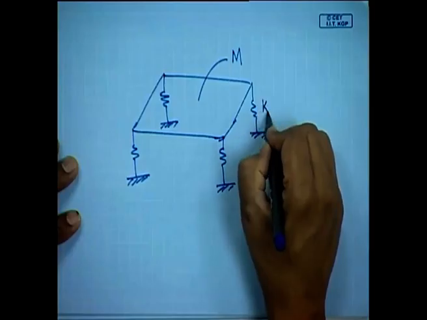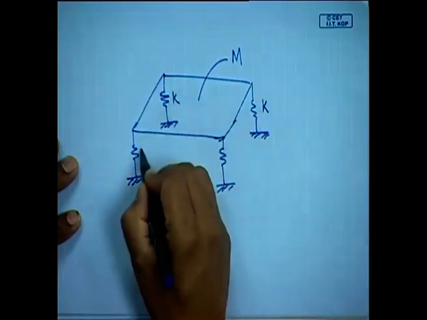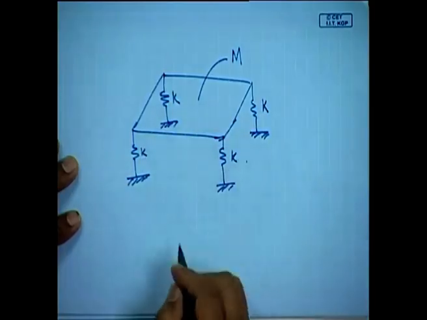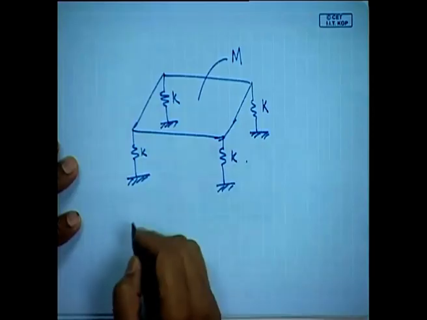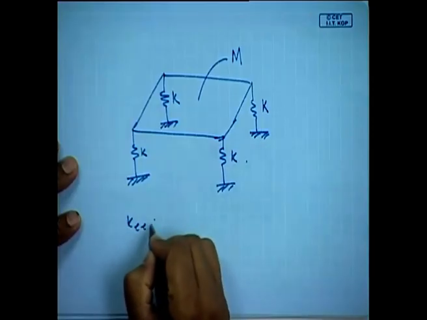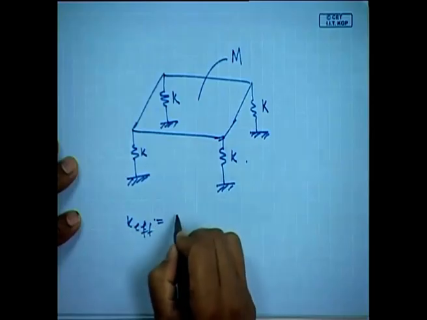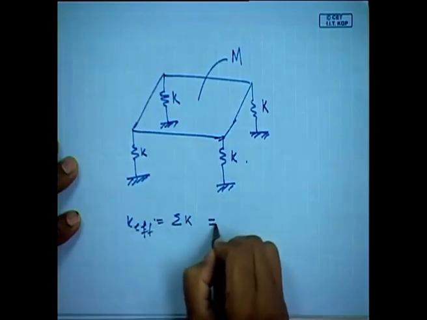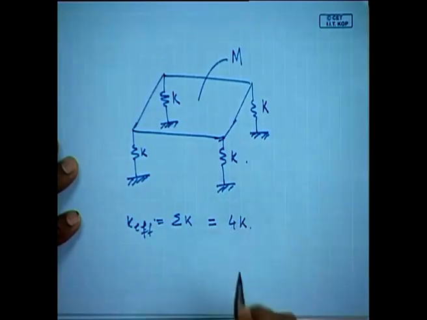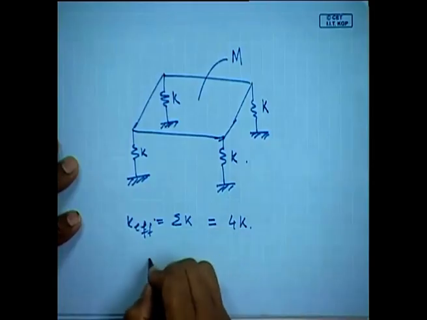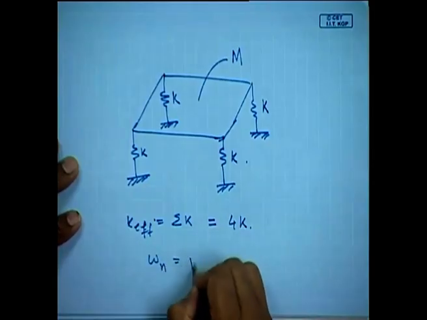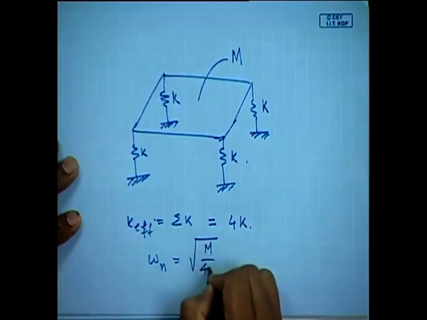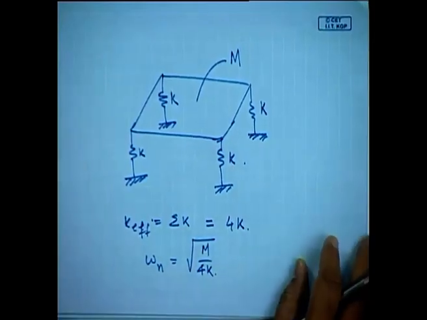Each one of them has a stiffness k. So, for springs in parallel, the effective stiffness is nothing but the summation of the k's, and this will be 4k. Okay. And the natural frequency of this system will be the square root of 4k by m.